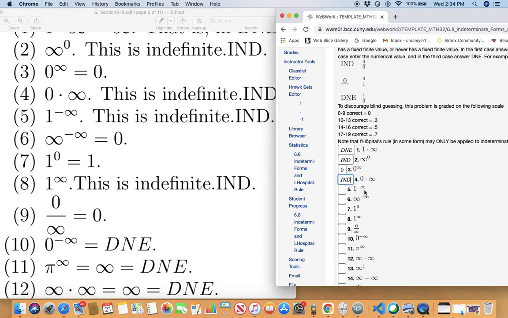1 to the power negative infinity. So something is approaching 1 and then power is getting very large on the negative side. It has the same effect as 1 to the power positive infinity. It's indeterminate. Now, infinity to the power negative infinity. So, pretend your base is getting larger and larger and larger.